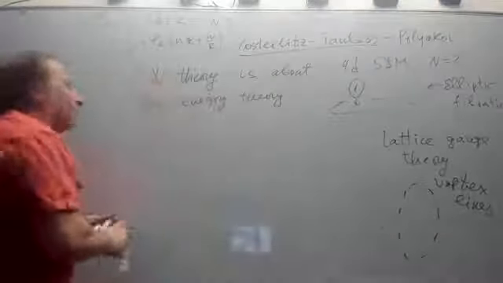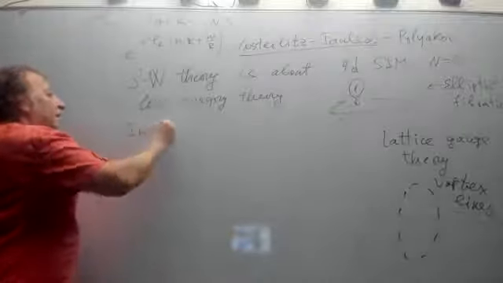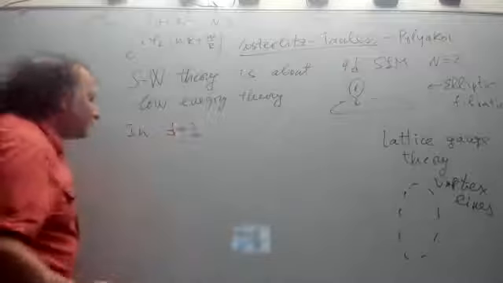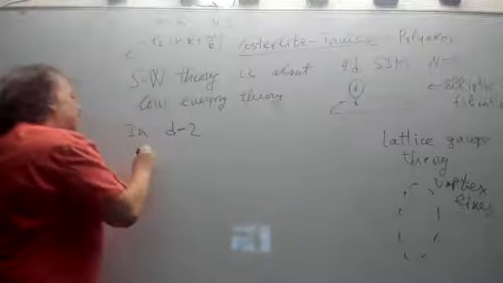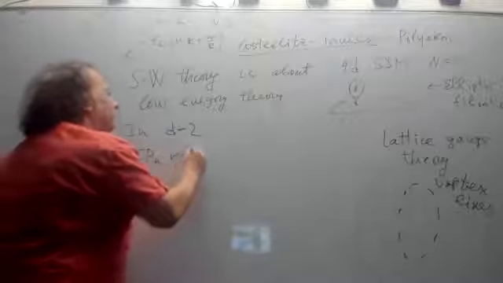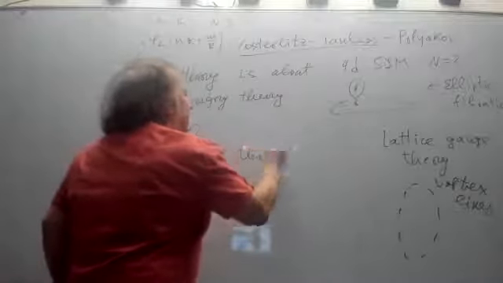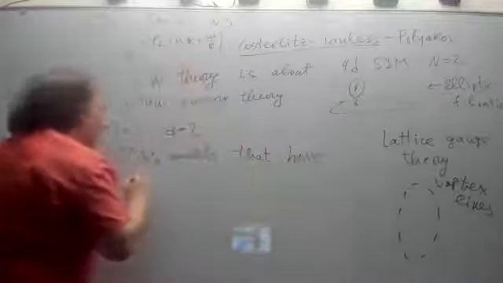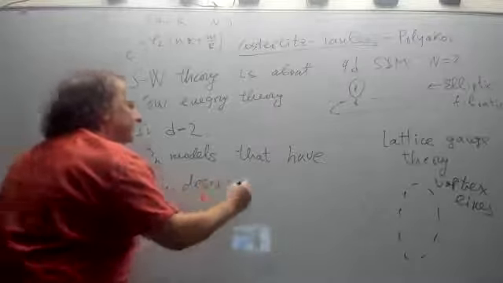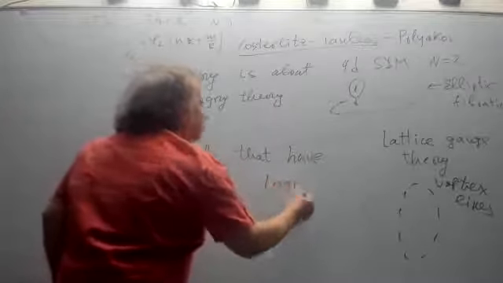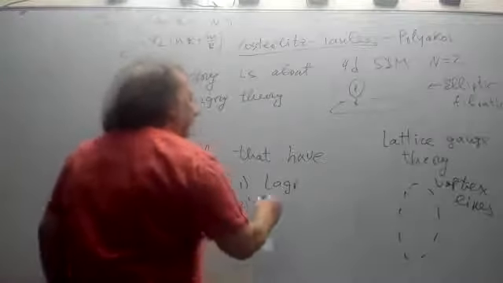So what people know, as far as I know, in dimension 2, there are CPN models that have both descriptions, in terms of Lagrangian and also in terms of lattice.